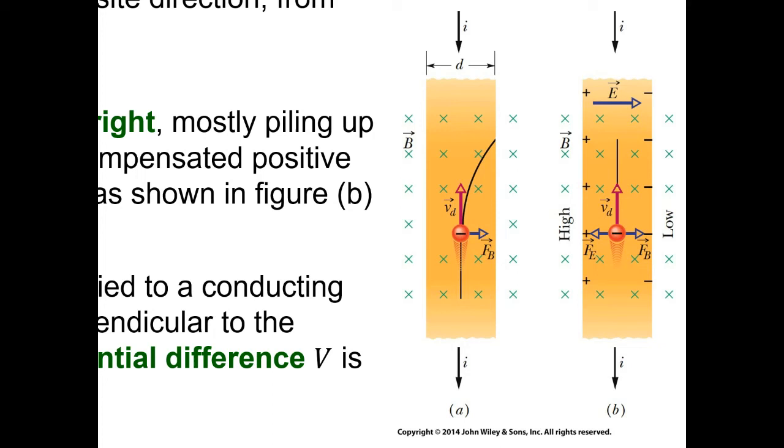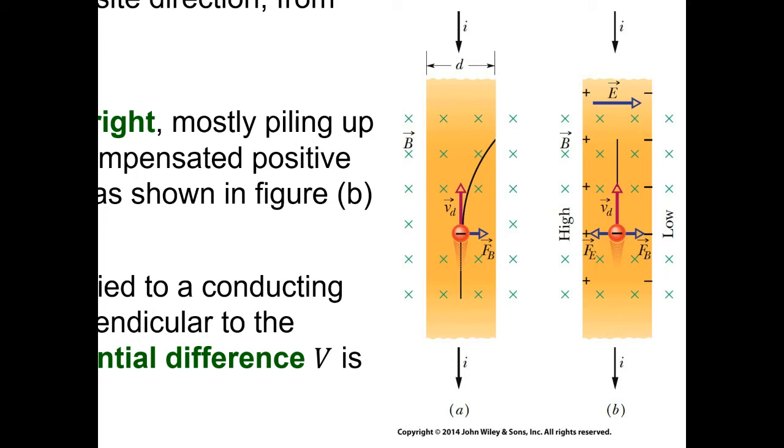So as the negative charge starts to accumulate, the E field will become larger and larger until F_E is as large as F_B, and then there will be no more charge accumulating at the right side, because there is no net force acting on this charge anymore.